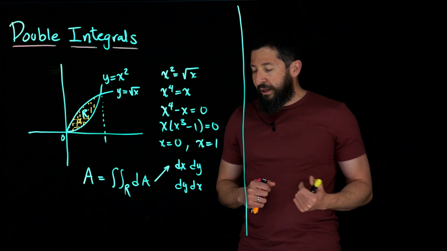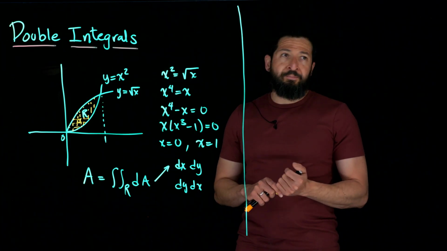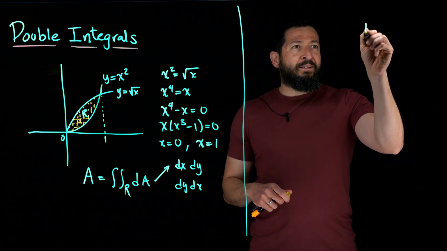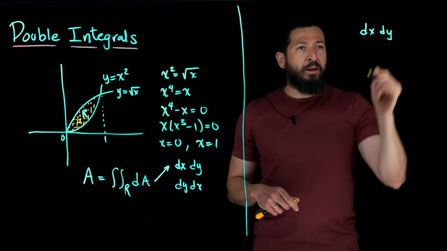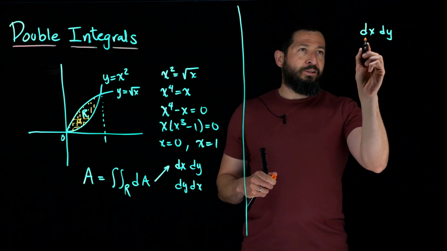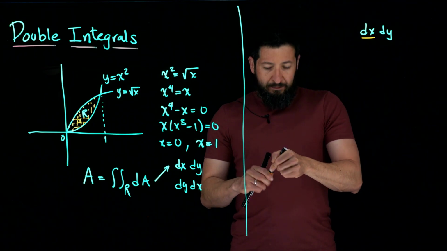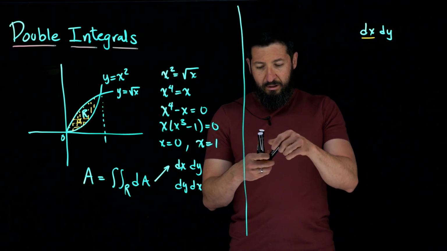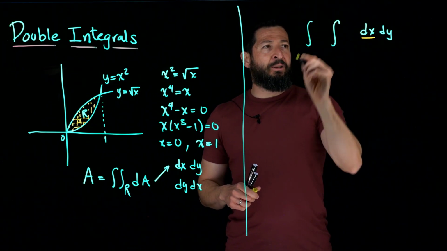So let's look at the first one. Let's do dx dy. If I do a dx dy for my differential of area, I'm going to be integrating first with respect to x, and then, lost my marker, sorry, then I'm going to be integrating with respect to y.